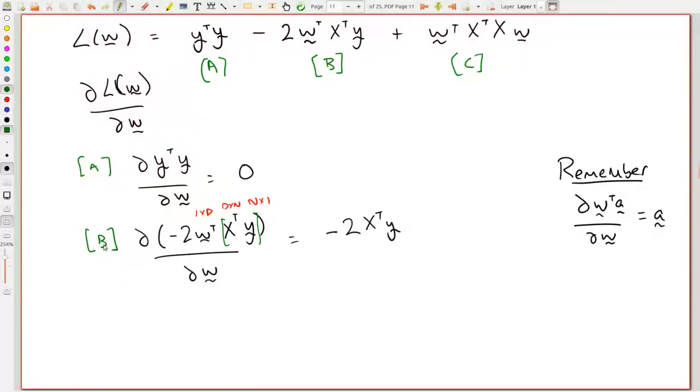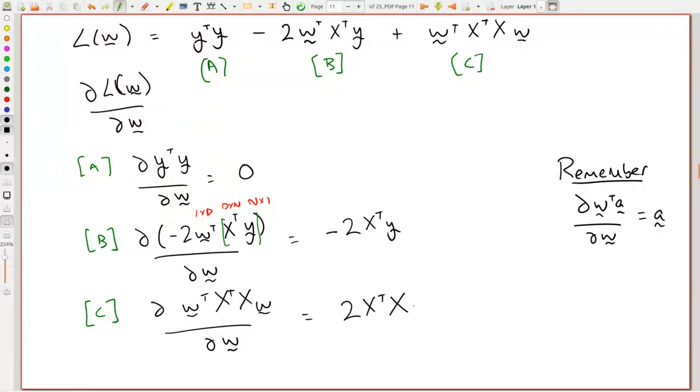Great. Okay, I'm not going to go through explicitly how we would do this final term, but let's just write it out. Like I said, I'm not going to go through it right now.